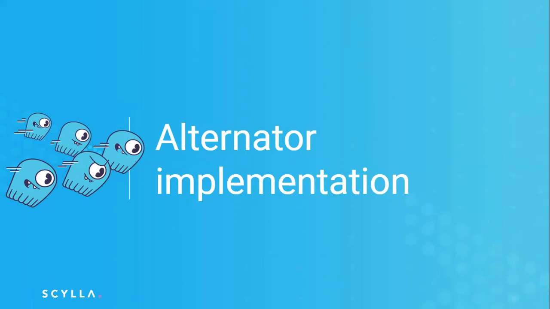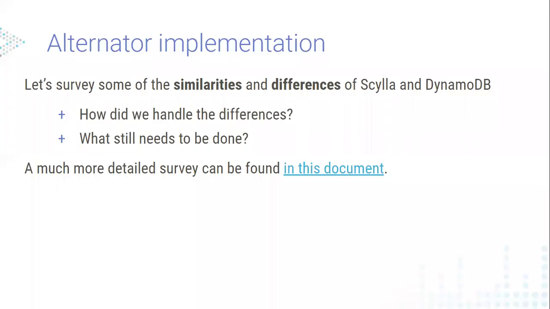Okay, so I'll continue. If we have more questions at the end, we can answer them then. Now a bit about Alternator's implementation. I want to look at some of the similarities and differences between Scylla and DynamoDB, how we handle these differences, and what we still need to do before this becomes a generally available product, because right now it's considered a preview.